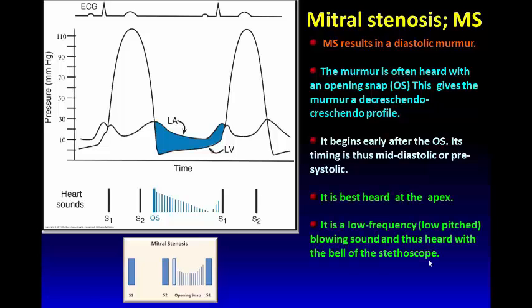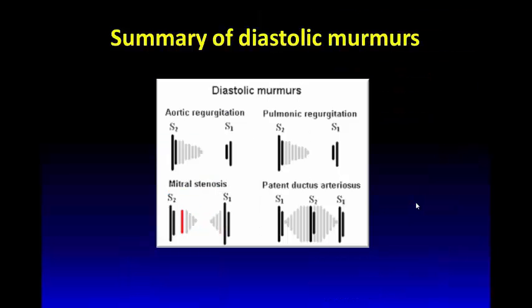It is best heard at the apex, and very interestingly, it is a low-pitched murmur. It has a low frequency, and that's why we use the bell of the stethoscope to listen to the murmur of mitral stenosis. Mitral stenosis pathologically might be associated with rheumatic fever.